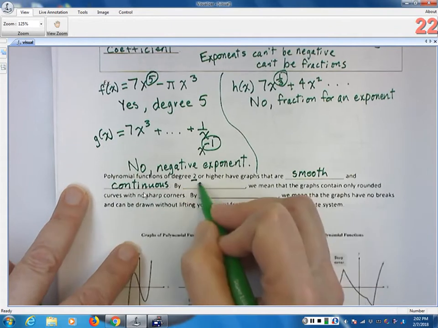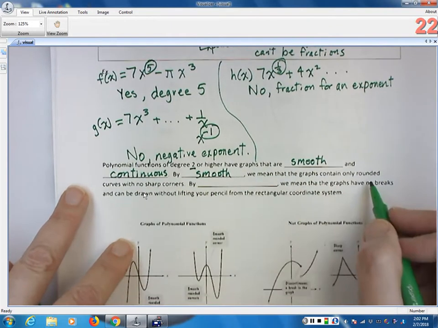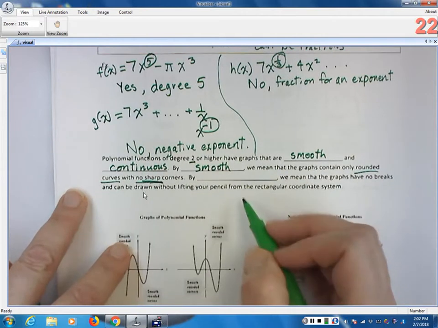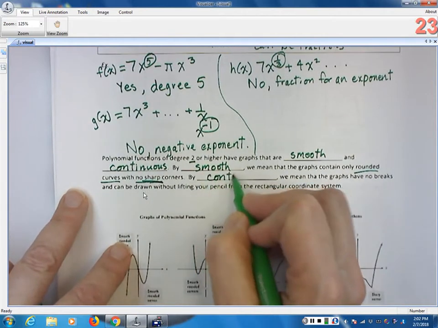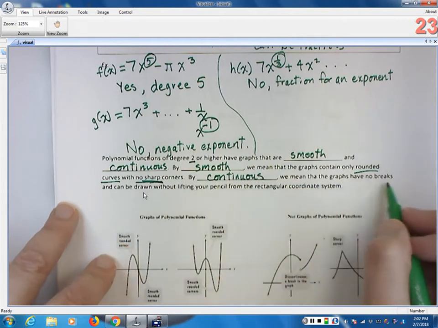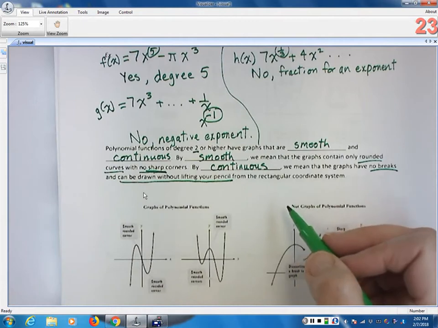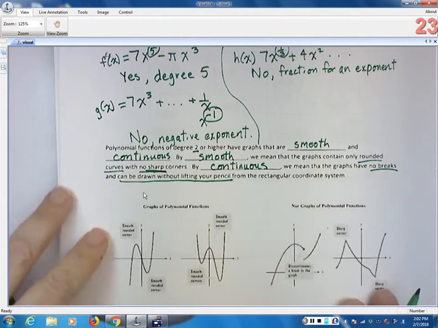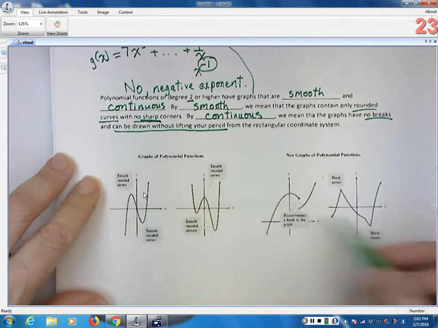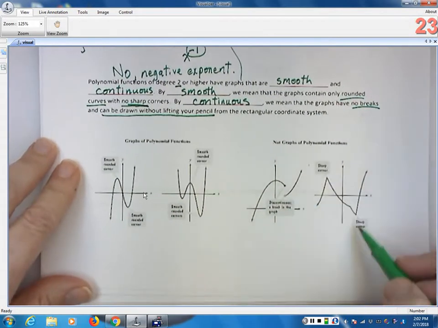By smooth, we mean that the graphs contain only rounded curves with no sharp corners. And by continuous, we mean that the graphs have no breaks and can be drawn without lifting your pencil from the rectangular coordinate system. So these are polynomials, but these are not.